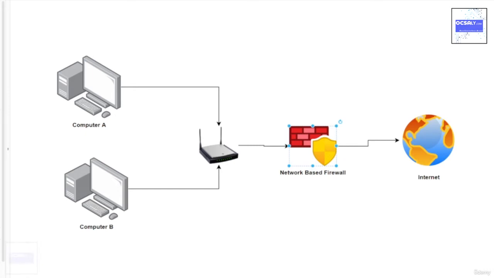It is only inspecting traffic that transmits through it. But what will happen if computer A is compromised and attacks computer B? If computer A attacks computer B, then what happens?